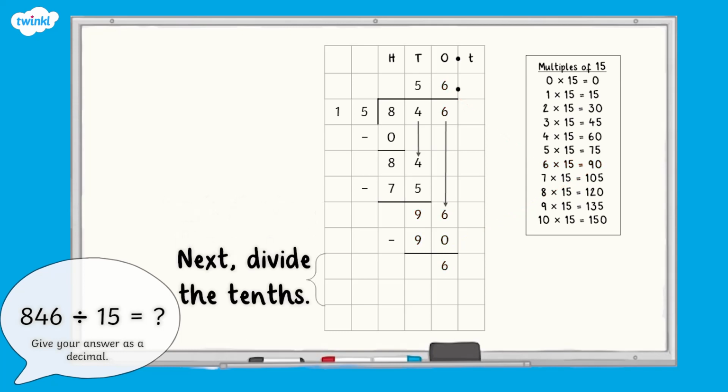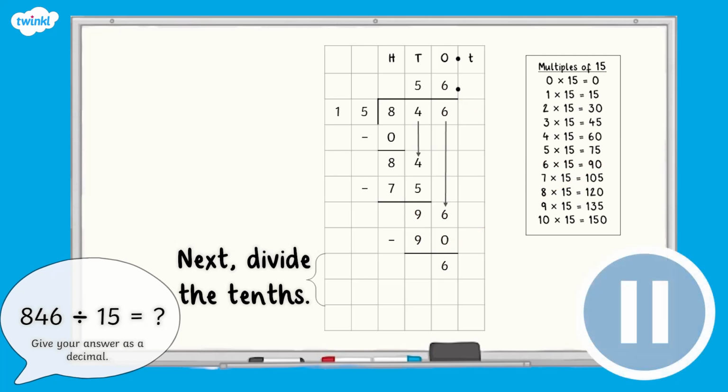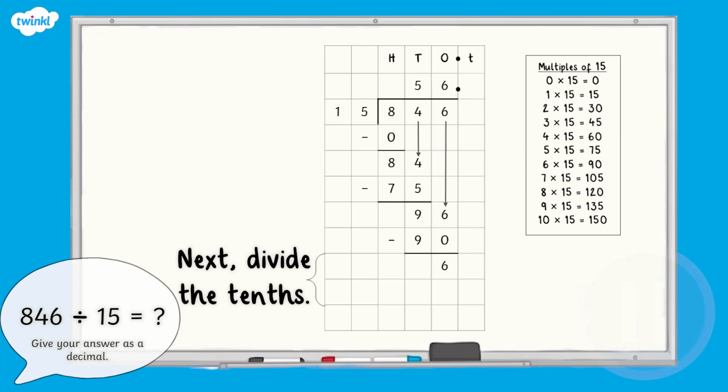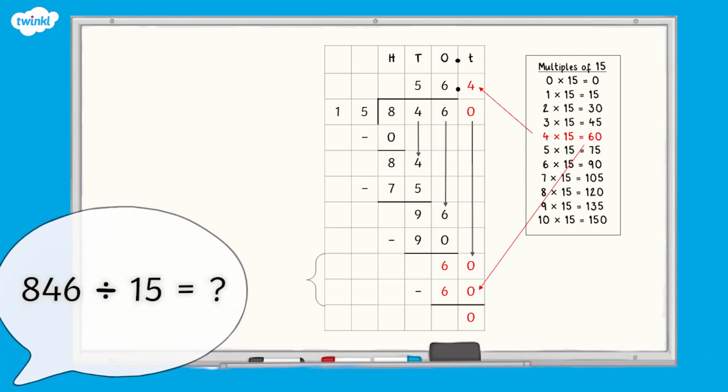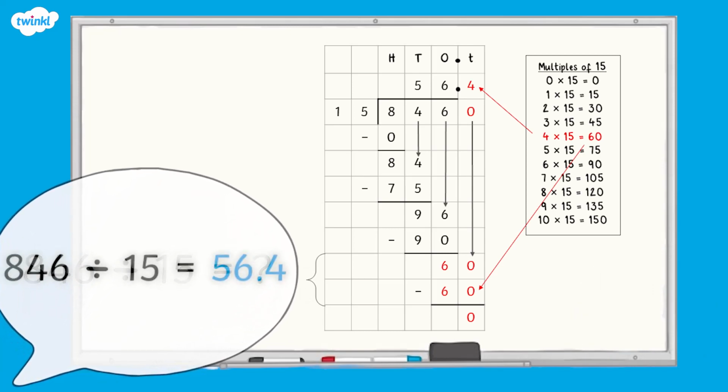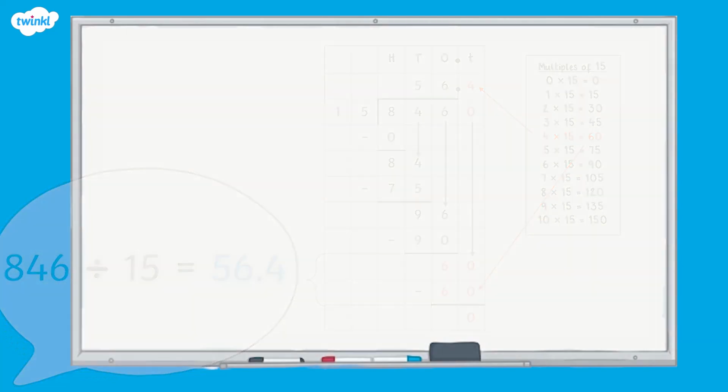Now regroup the remaining ones as tenths and divide the tenths. 60 tenths divided by 15 equals 4 tenths with 0 tenths remaining. Therefore, 846 divided by 15 equals 56.4.